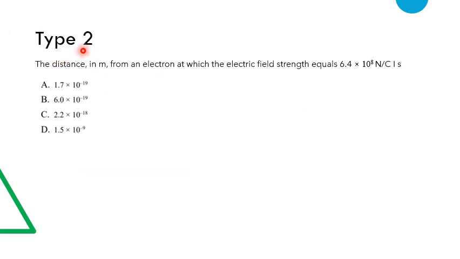In this second type of question, they are asking us to calculate the distance in meters from an electron at which the electric field strength equals 6.4 times 10 to the power 8 newton per coulomb. So here you are requested to calculate the distance due to a point charge. This is also an example for radial electric field, so we use the equation E = kq/r².